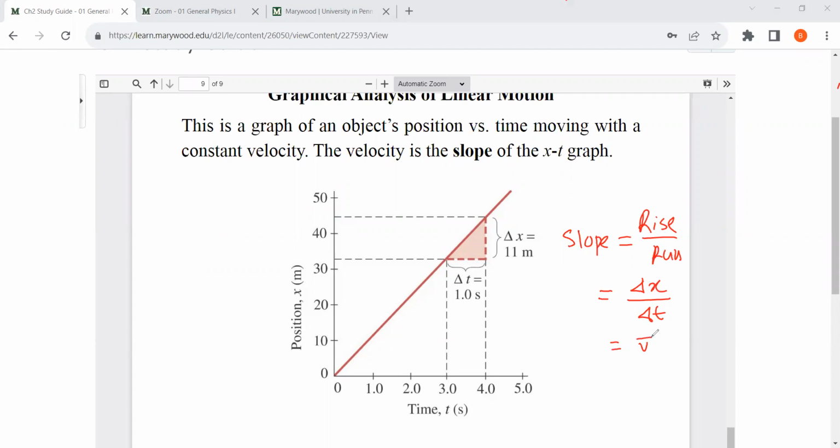I mean average velocity. So if you can determine the slope of a position versus time graph, you basically get the average velocity. So when we have a straight line on a position versus time graph, find the slope, and that slope will tell you about the average velocity of your motion.